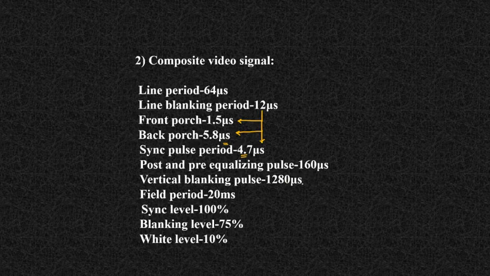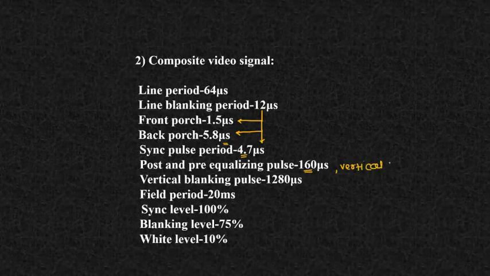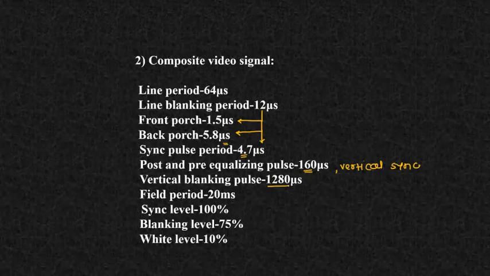Now here I am talking about the vertical blanking. So आपका जो भी pre और post equalizing pulses होते हैं 160 microsecond के होते हैं. In vertical trace also you are having vertical sync, you are also having 160 microsecond, means 2.5 horizontal line each. Total vertical blanking period कितना होता है आपका 1,280 microsecond.